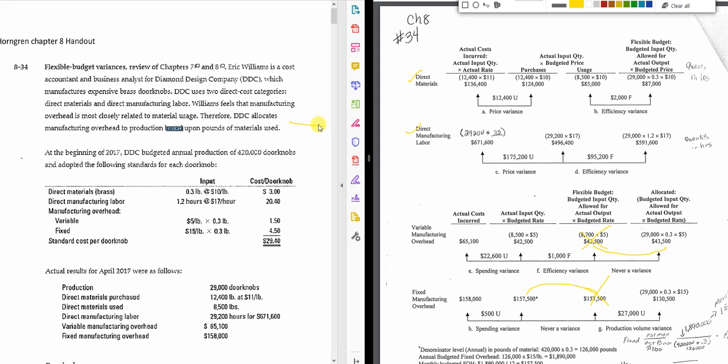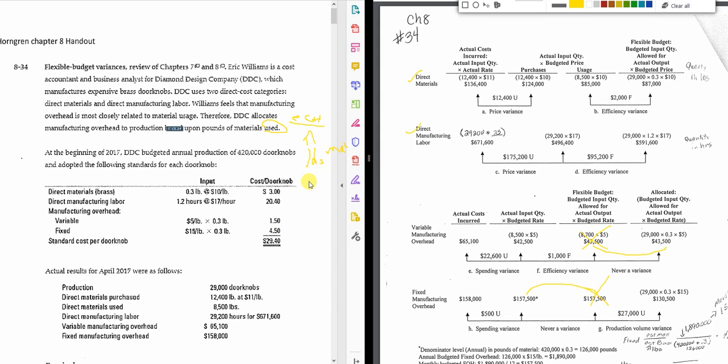So right now, I would write out estimated overhead, and I'll let you write it out better than I am, divided by estimated base, and our base is pounds of material. That's kind of important that you know the base is in pounds of materials. And quite frankly, since we just did materials purchased and materials used, that might even be important. That's pounds of materials used.